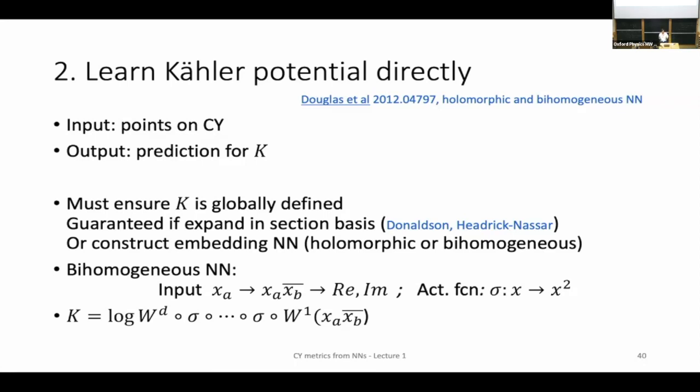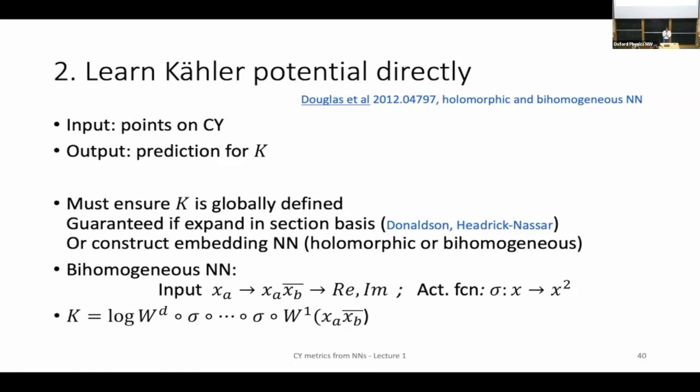Bihomogeneous means that it's basically what's written here. So you take your points and instead of just feeding in the points, you make combinations which are of a particular degree in both the coordinates and the complex conjugate of the coordinates.